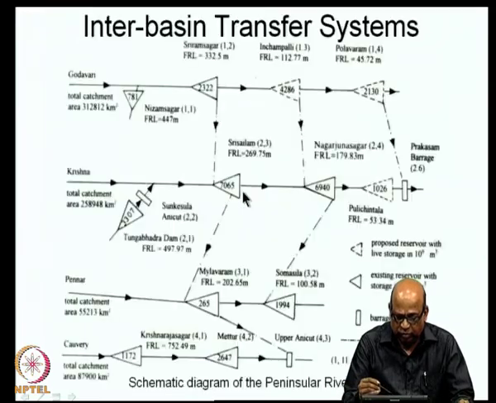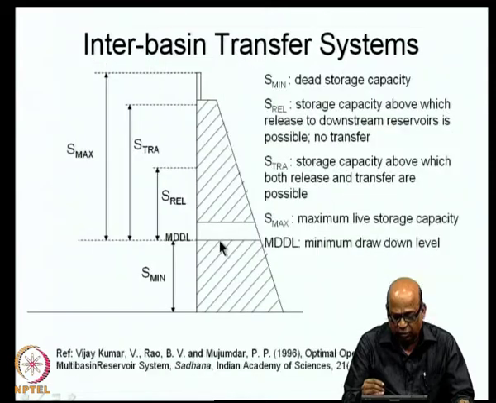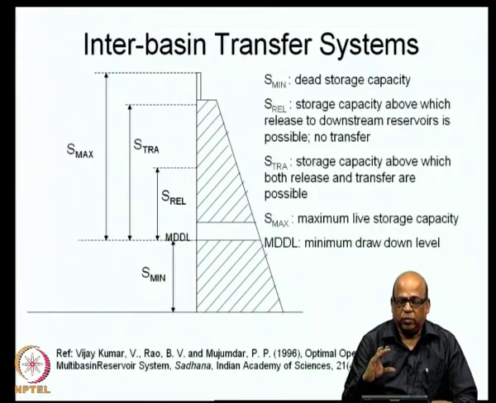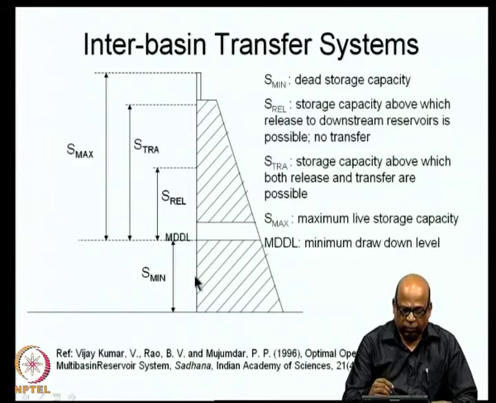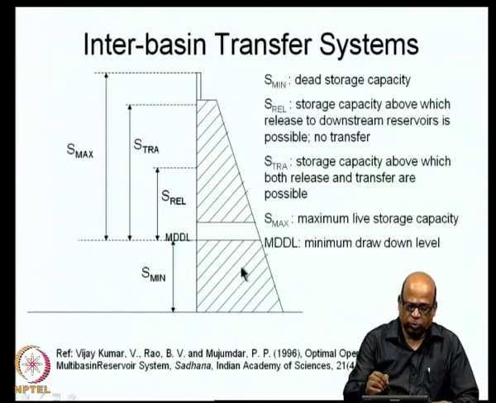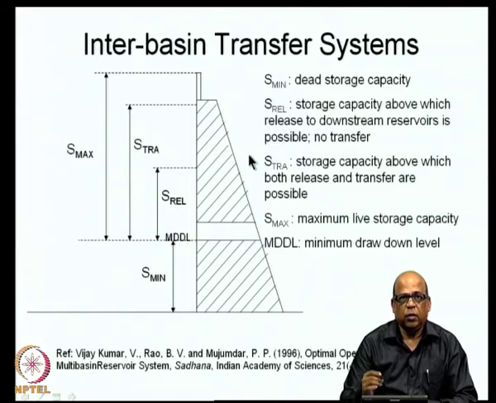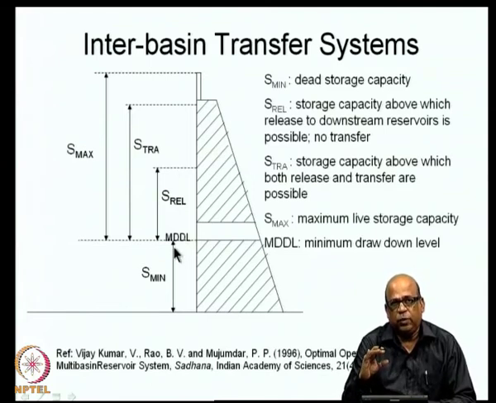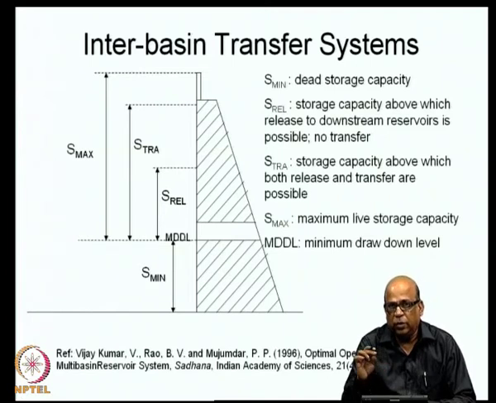This type of analysis we do by dividing the storage into various zones. We may say that if the storage is in a particular zone, then you meet a certain type of releases.